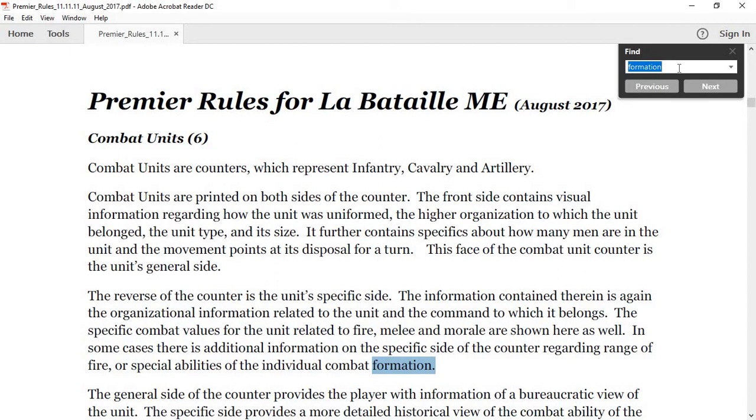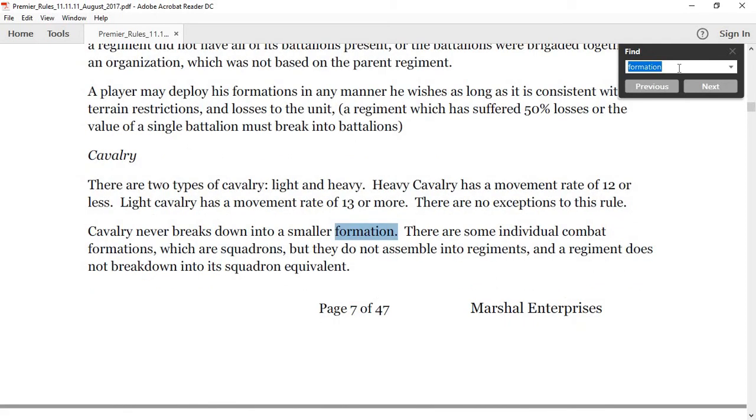Well, they might change, but they're still factored into the individual units if and when they're broken out. Oh, okay. The cavalry never breaks down into a smaller formation.